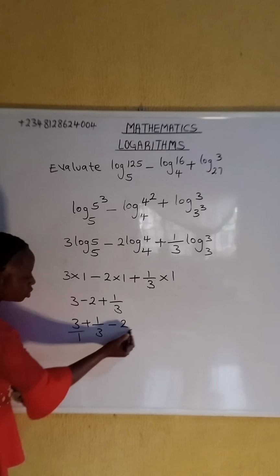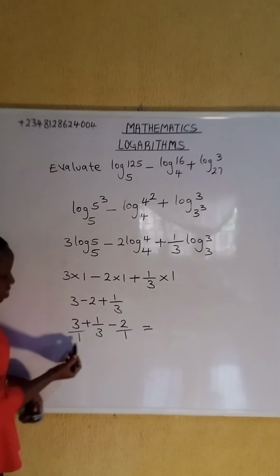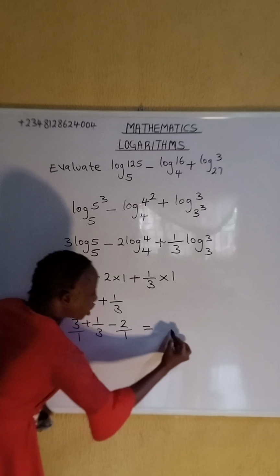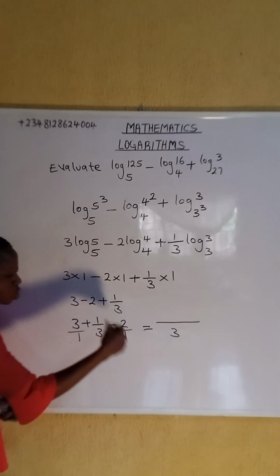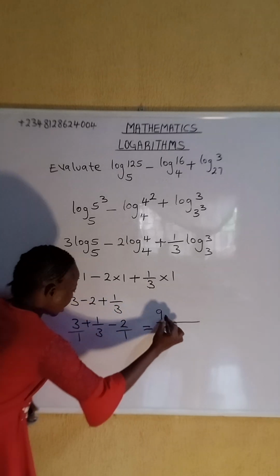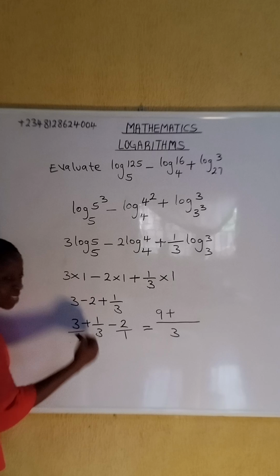Let's change to fraction. Now we look for the LCM. The LCM of the denominators equal to 3. So 1 in 3 will give us 3, so 3 times 3 will give us 9. Then plus 3 in 3. How many 3 can we get in 3? That is 1.